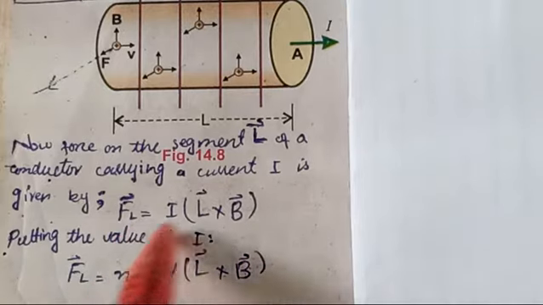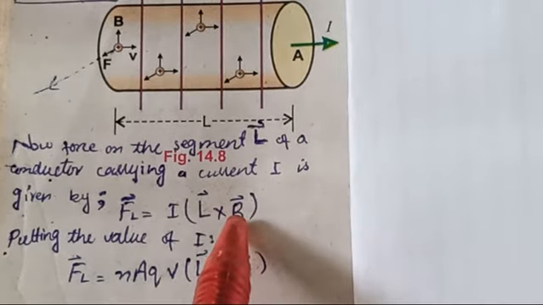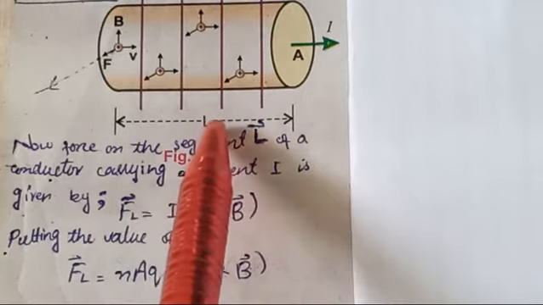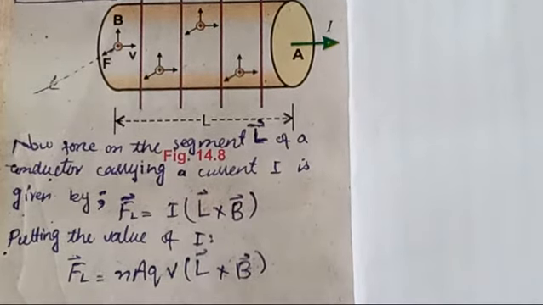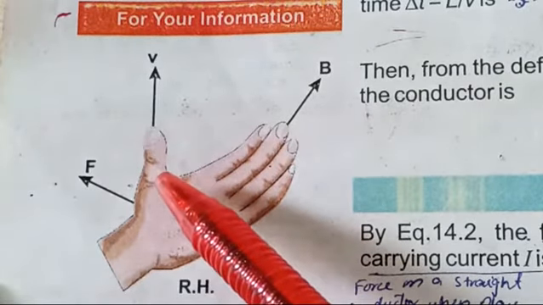So by putting the value of current, that is NAQV, this equation comes as: the force on this cross-section area having length L is written as F_L is equal to NAQV L cross B. By using the right hand rule, we can easily understand the directions.